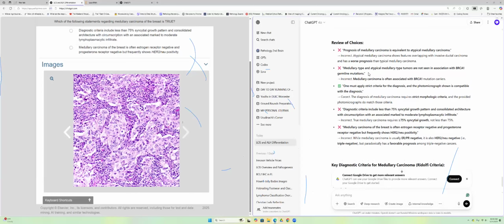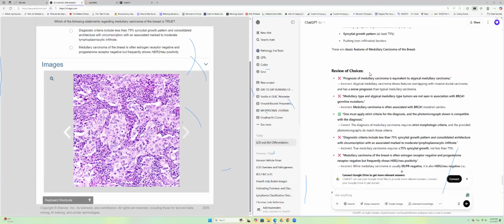Not when the lymph node was not crowded out. Atypical medullary carcinoma has a worse prognosis than typical.